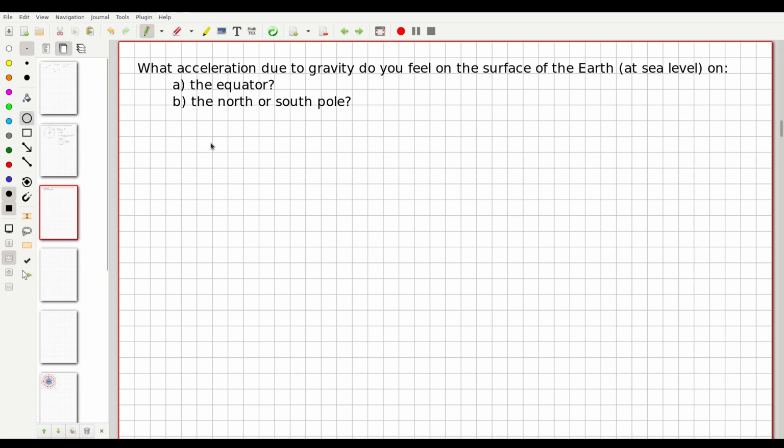Well, the first thing you need to realize is that Earth itself, even though we sort of idealize it as though it's a sphere, isn't. It actually looks more like this. It bulges along the equator. The reason it bulges along the equator is that it rotates on its axis.